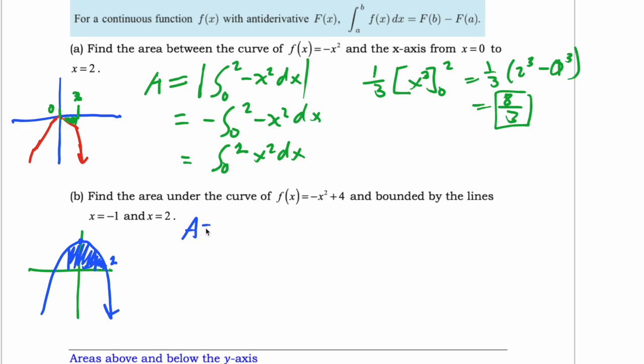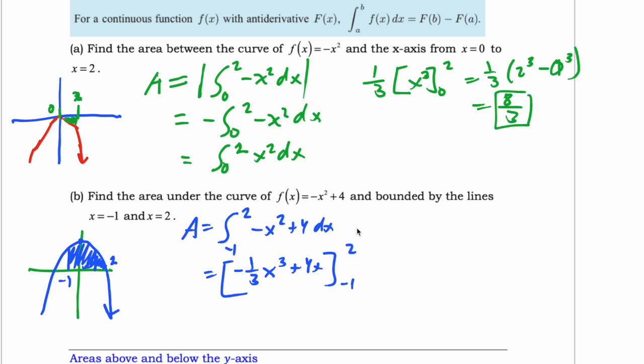So the area equals the integral from negative 1 to 2 of negative x squared plus 4 dx. That's negative 1/3 x cubed plus 4x evaluated from negative 1 to 2.